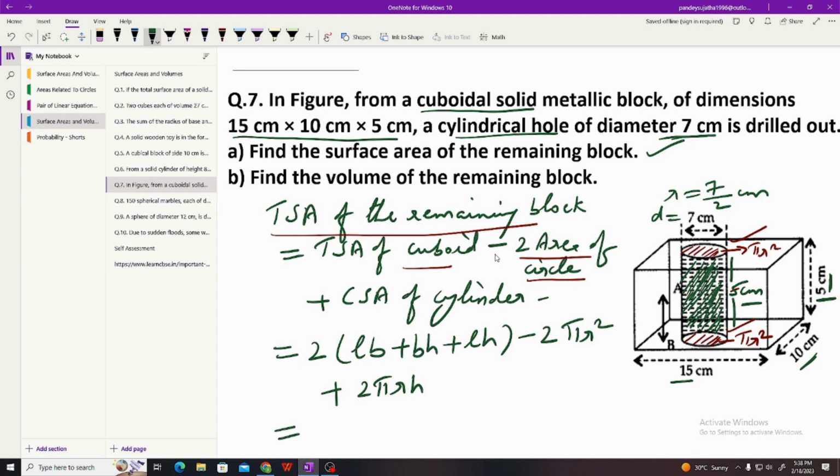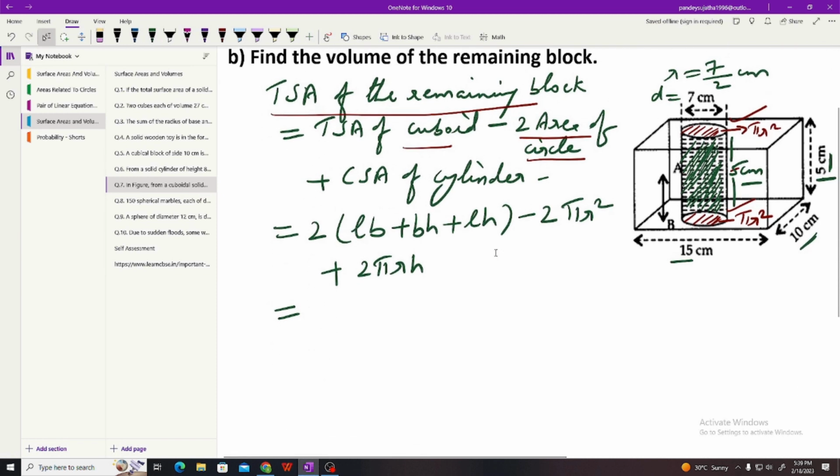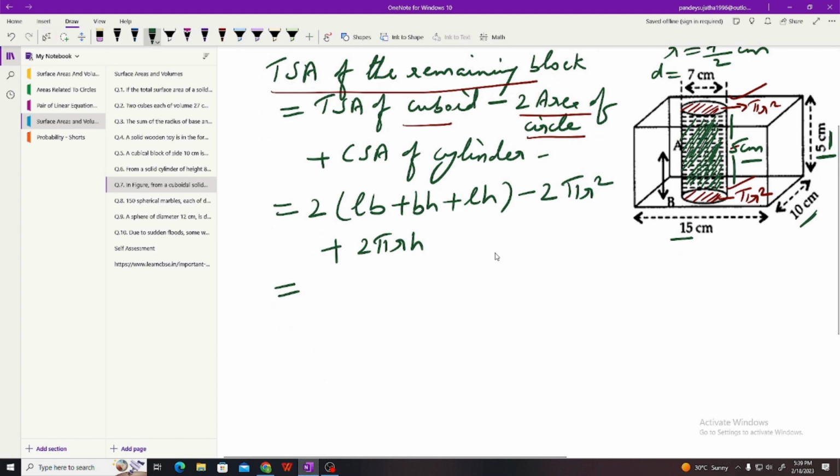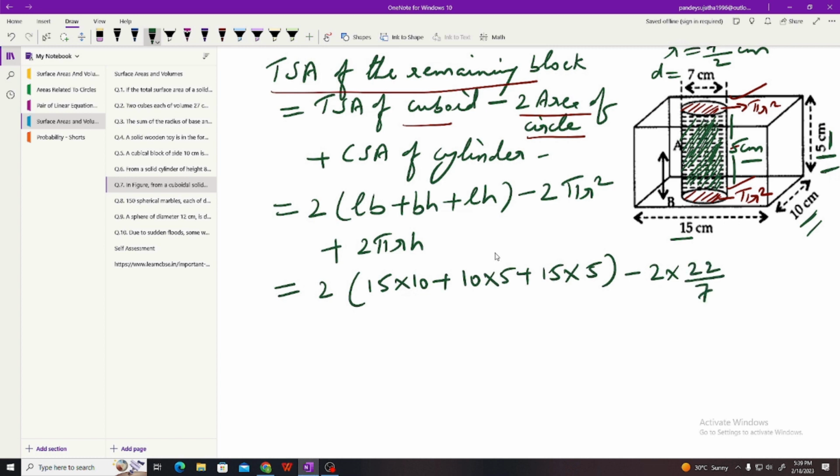So let's place the value. So 2 into length is 15 and breadth is 10 plus breadth into height, which is 5, plus length is 15 and height is 5, minus 2 into the value of pi is 22 upon 7 into r square, where radius is 7 upon 2.